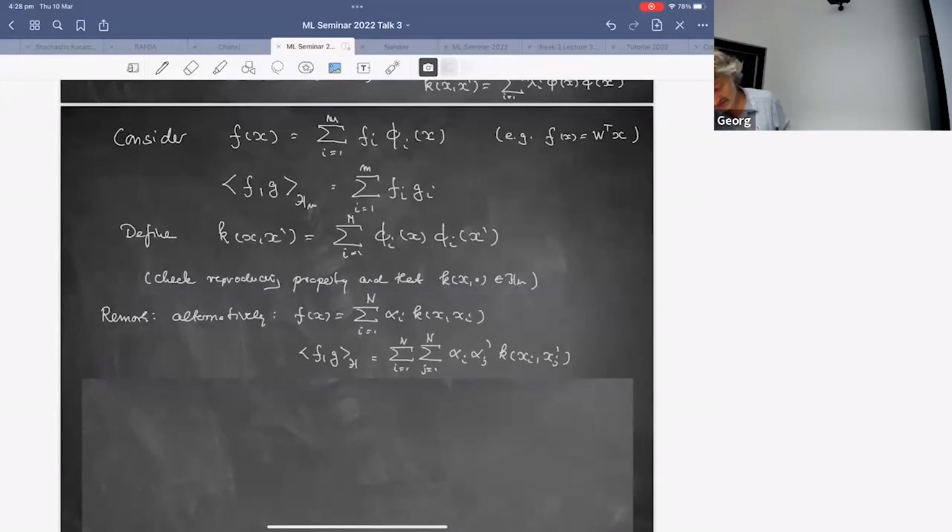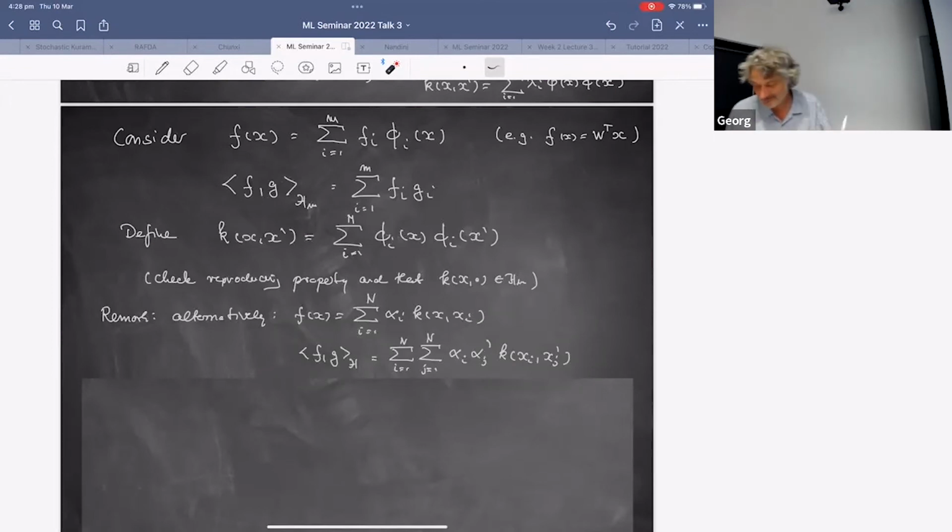There's an alternative formulation for this, or expression of this function in terms of the kernels. Rather than writing it this way and calculating these inner products here, you can express anything in terms of the kernel. And also the inner product here is expressed entirely in terms of the kernel. I think in the first talk there was a comment about these kernel methods.